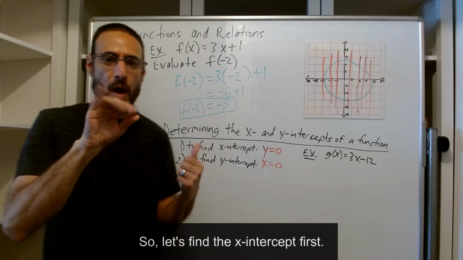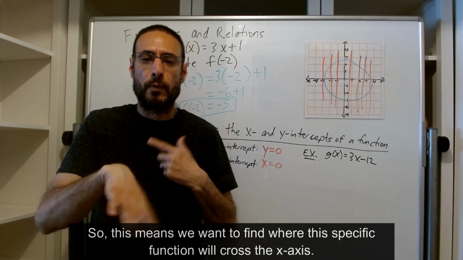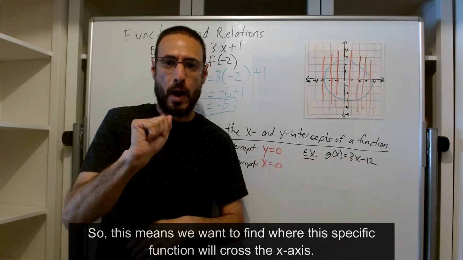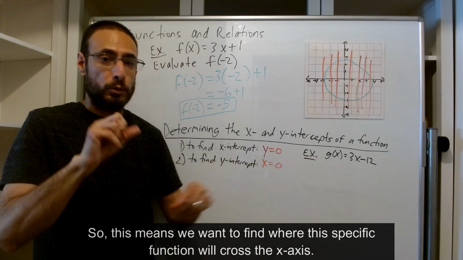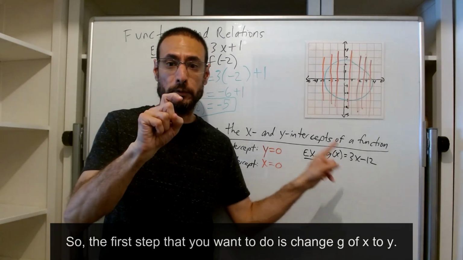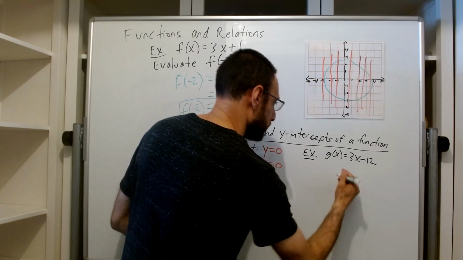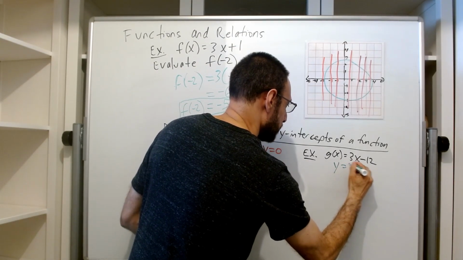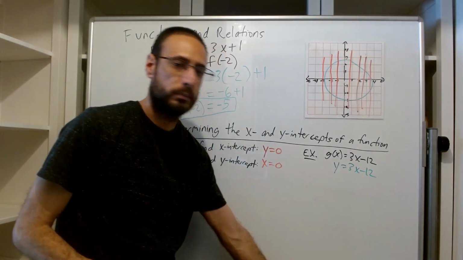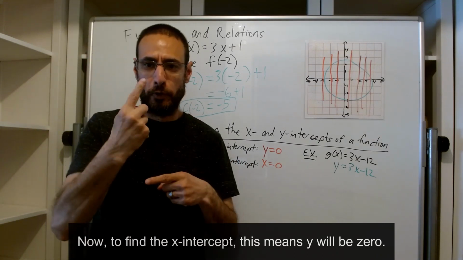So, let's find the x-intercept first. So, this means we want to find where this specific function will cross the x-axis. So, the first step that you want to do is change g of x to y. Now, to find the x-intercept, this means y will be 0.